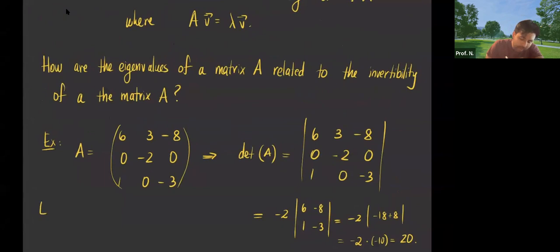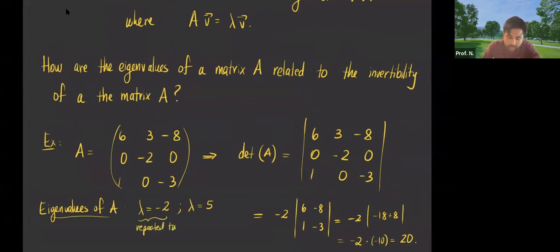And then what were the eigenvalues of A? Lambda is -2. Lambda is 5. But -2 was repeated twice. So if we multiply all the eigenvalues, what's the product?